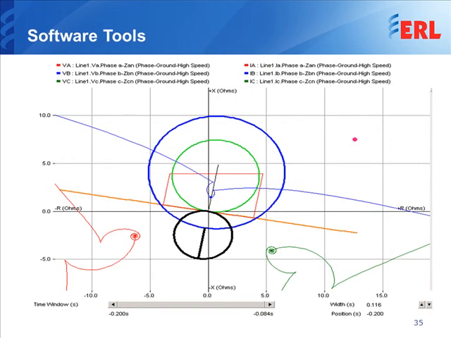Software tools are very important because they allow you to simplify things and visualize things better. Talking about graphing power system faults in the RX diagram, here's an example.